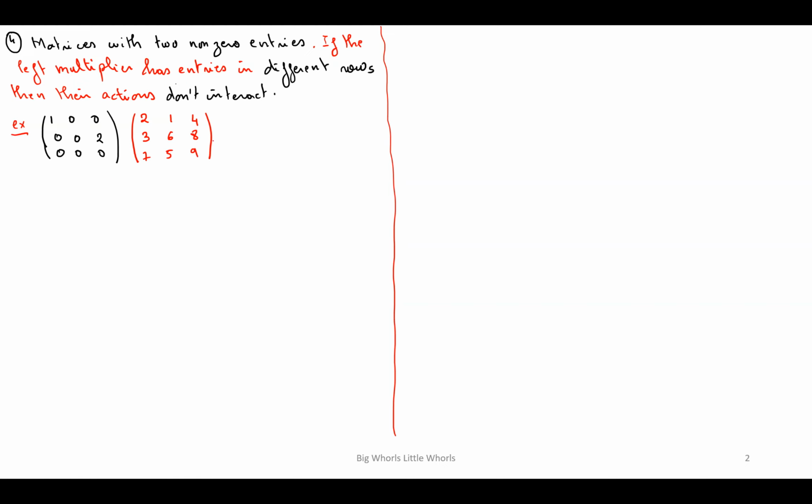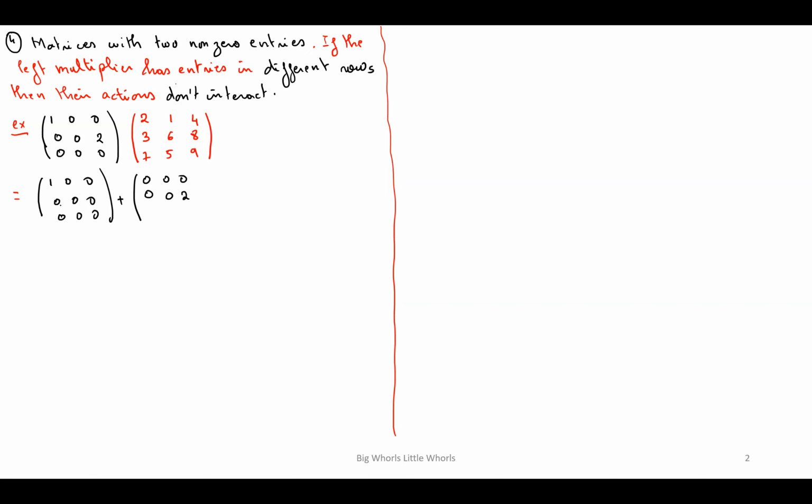Okay, so here we can split this big matrix into two, right? We can split it into 1, 0, 0, 0, 0, 0, 0, 0, 0, plus 0, 0, 0, 0, 0, 2.